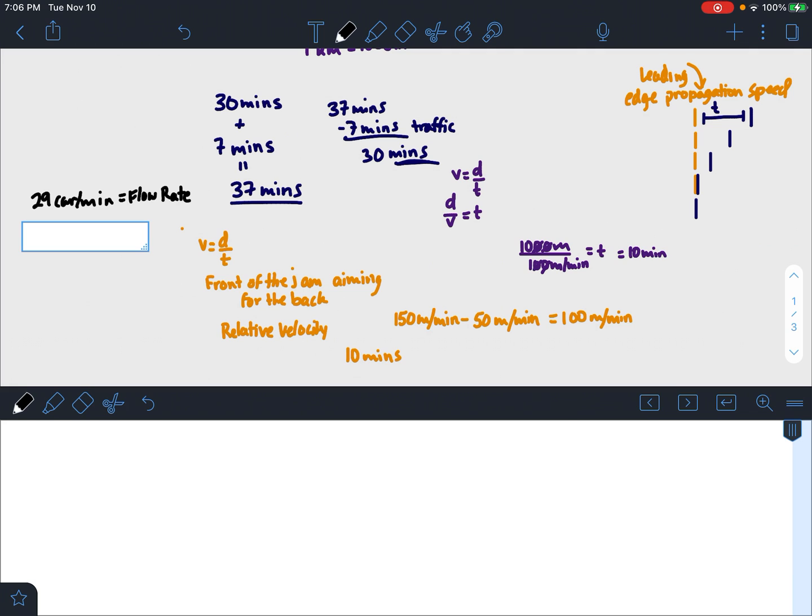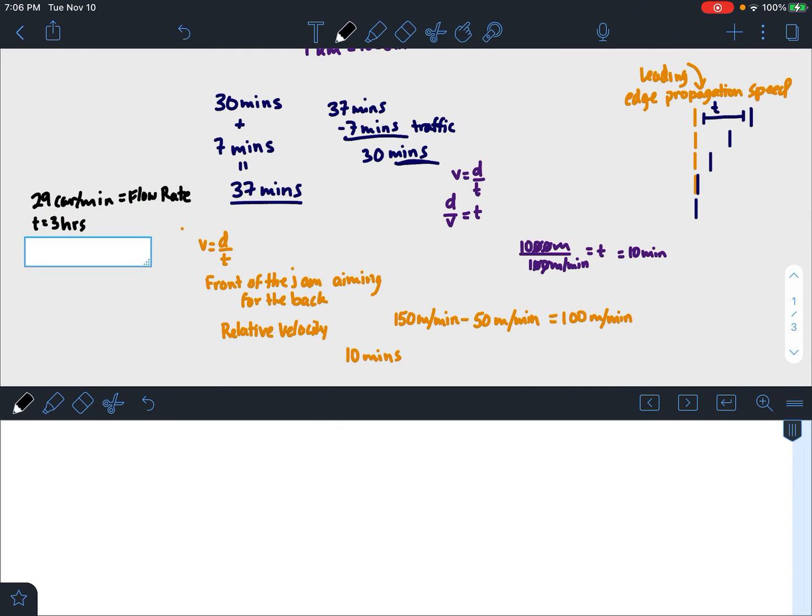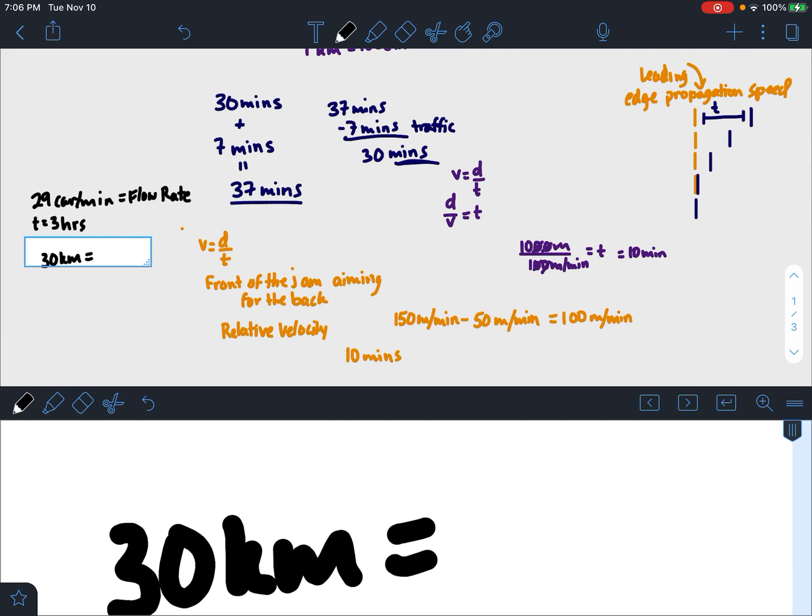What would that be? I cannot talk today. Basically, what would the time be? And the time would be 3 hours, with a 30 kilometer distance away from the initial point.